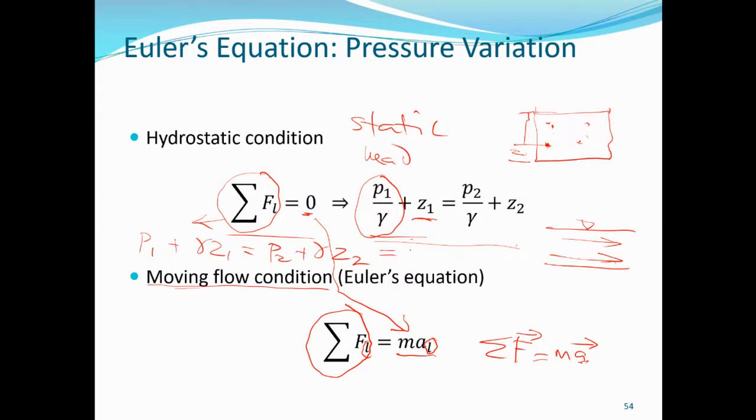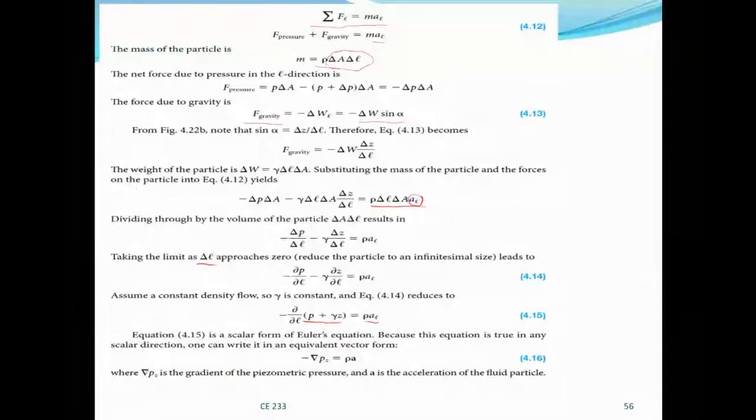This we call pz, the piezometric pressure: P plus gamma Z.